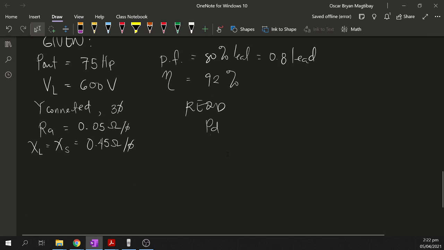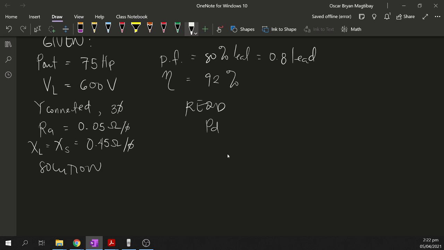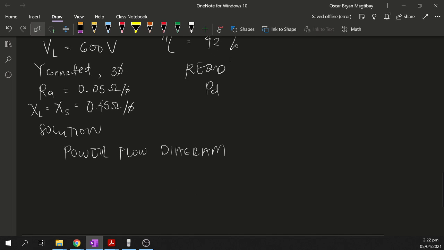Baguhin natin ang approach natin sa pag-solve natin ng PD solution. So let us scrap the previous discussion dun sa una nating ano. But rather, we will be trying to do this approach. Power flow diagram tayo. So, power flow diagram natin, as stated doon sa fourth problem natin. So, you have your P in.